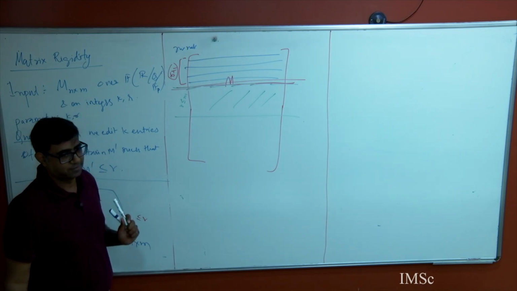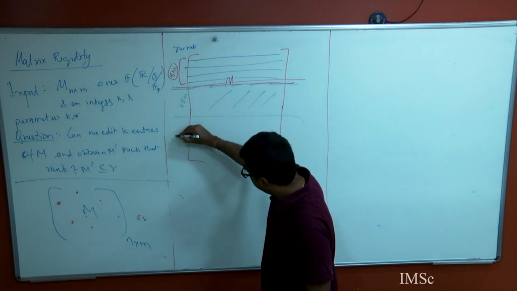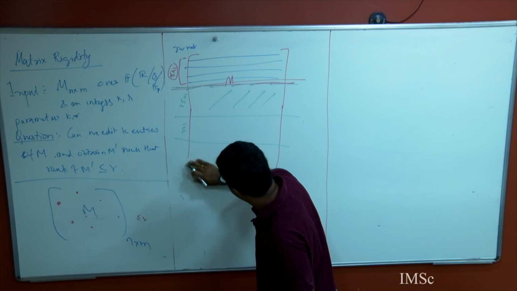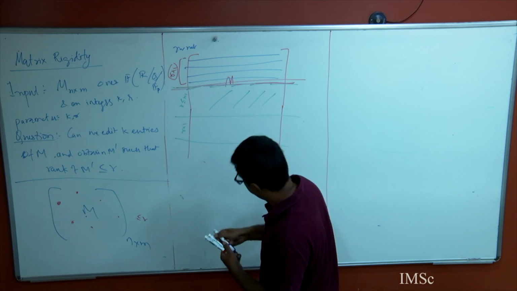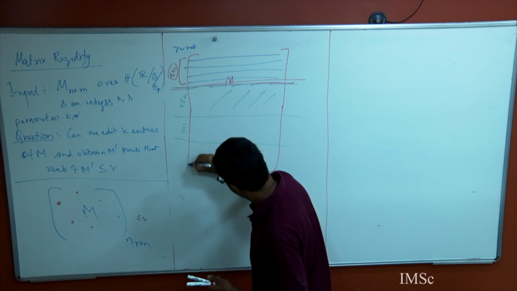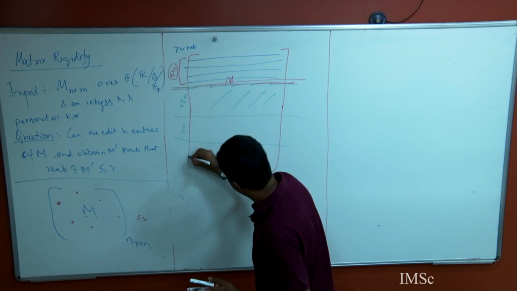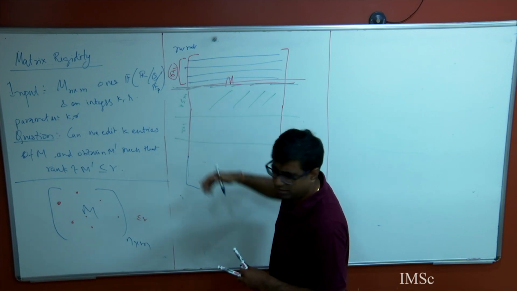But what is the property of these? Notice, first of all, if this is R plus 1, I keep doing this.